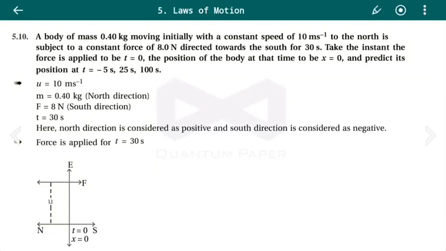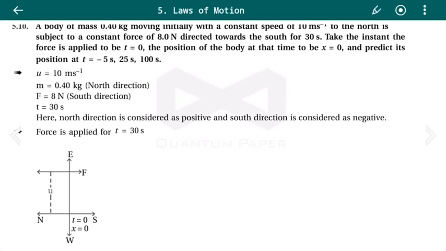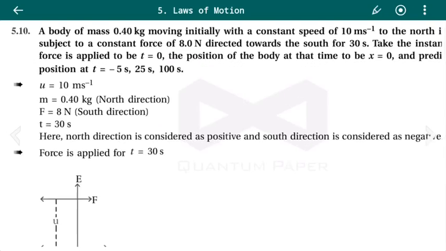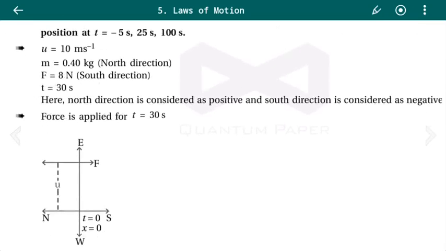Now numerical number 10. A body of mass 0.40 kg moving initially with a constant speed of 10 meter per second to the north is subject to a constant force of 8 Newton directed towards the south for 30 seconds. As you can see over here, the body of 0.40 kg is moving initially with a constant speed of 10 meter per second to the north.